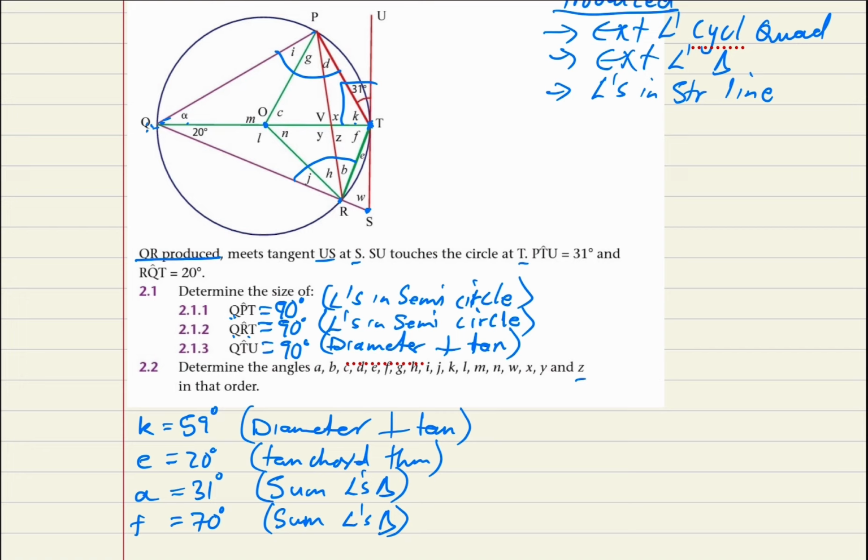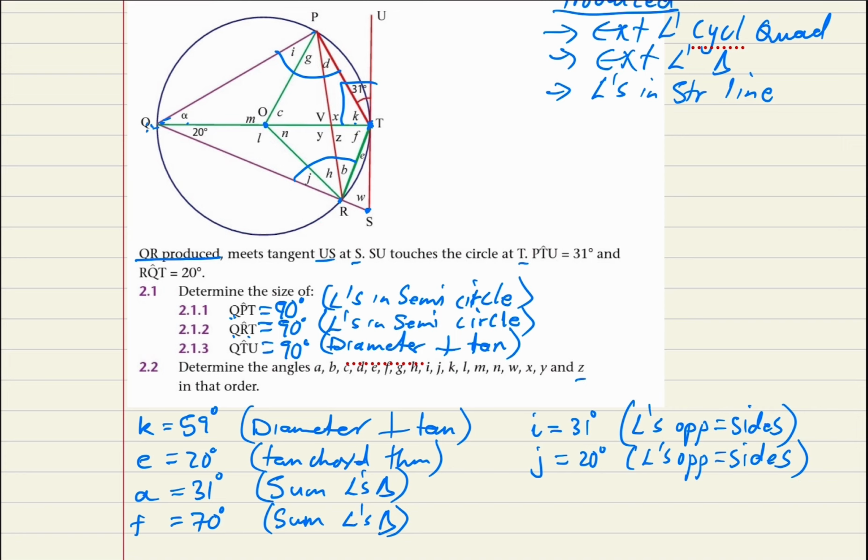You can see here, let me go here on the side. You can see that angle I is equal to angle A, which is 31 degrees. Why? Angles opposite equal sides. Okay, which means also J is equal to 20 degrees. Angles opposite equal sides.